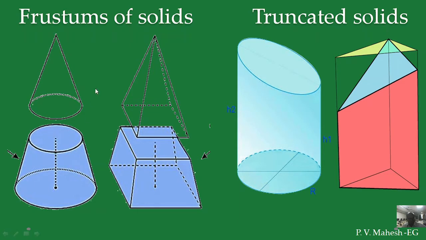Now, solids like cones and pyramids, if they are cut and the top portion is removed, are called frustums of solids, mainly the frustum of a cone and the frustum of a pyramid. In the case of cylinders and prisms, if I cut at a section and remove the top portion, the remaining portion is called a truncated solid. So it is a truncated cylinder and a truncated prism.